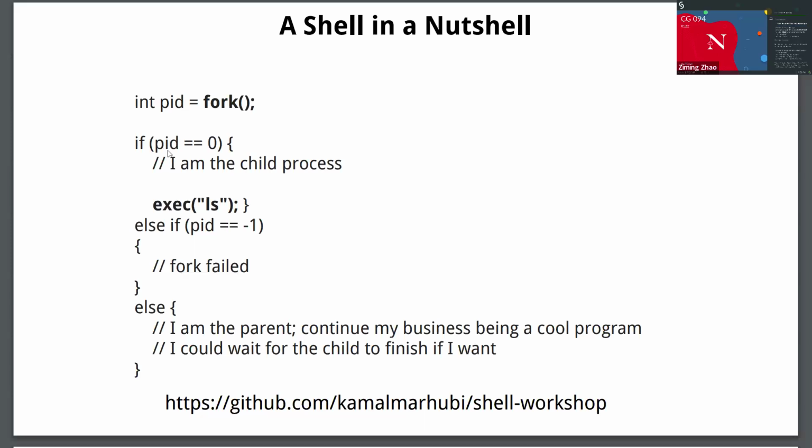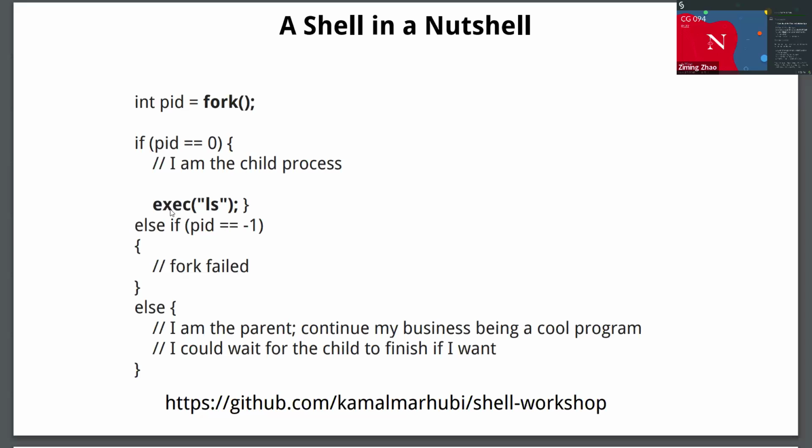By checking the process ID, the program can figure out whether it's the child or the parent. If it's the child, then the child will make another system call, exec, or in this case maybe execve. There are different system calls of the same family, basically exec.